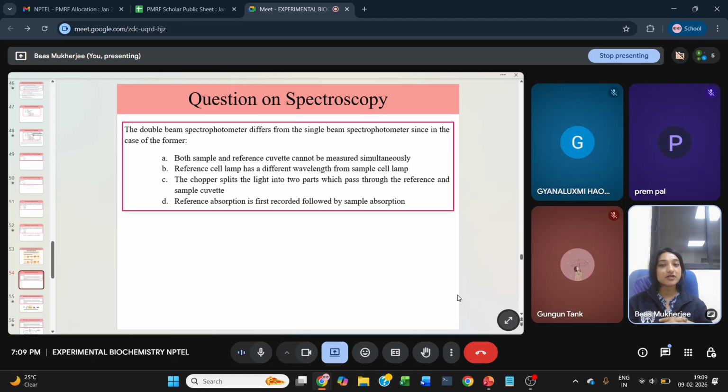Reference absorption is first recorded, followed by sample absorption. So which one do you think is correct based on what you saw in the figure? It should be C, but I don't know the correct explanation.